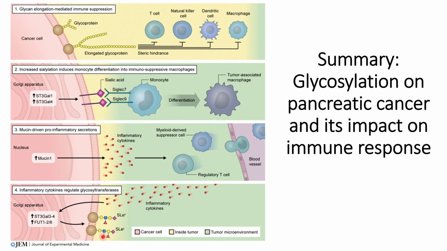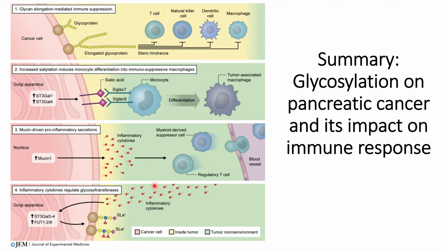These structures thereby help in immune suppression, either through the ways mentioned in step 2, or they also act as a steric hindrance and a physical barrier that prevents the immune cells from coming and directly interacting with the pancreatic cancer cells.